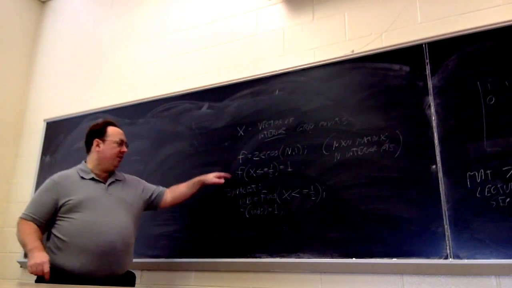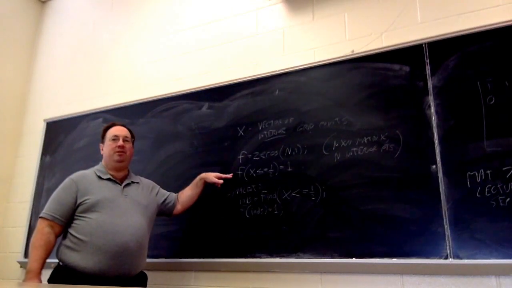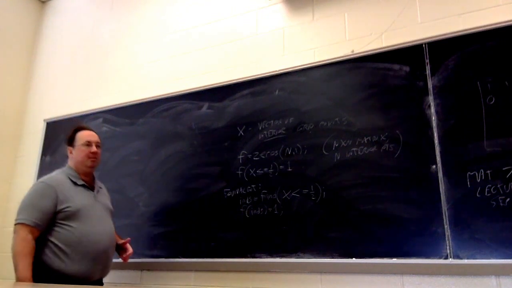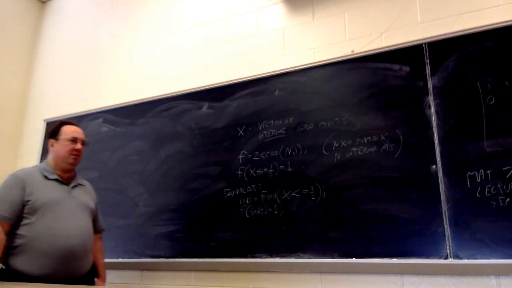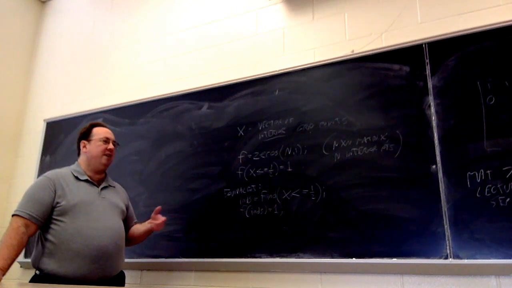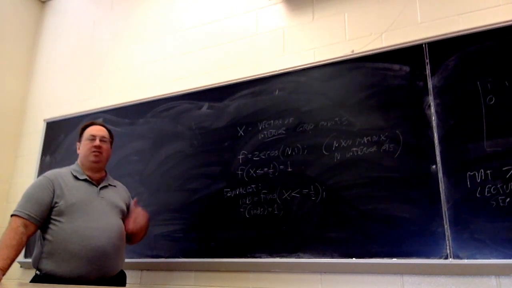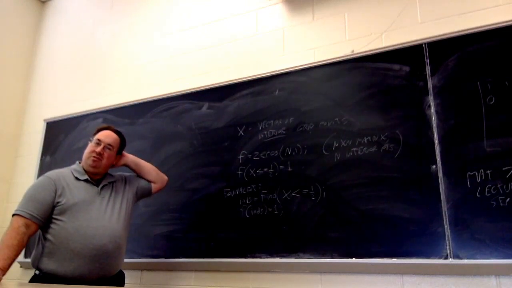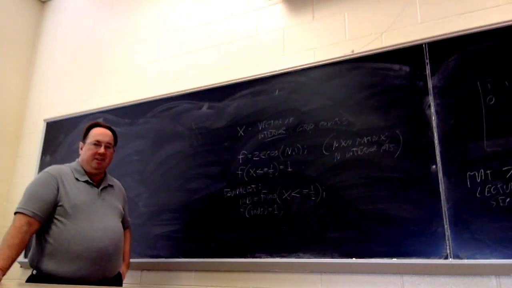So this does the same thing as this. In fact, this will be a little faster. But I want to make you aware of the find function because there are many situations where it can be useful to extract a portion of a vector or even a matrix where some condition is true, and then do something with that.